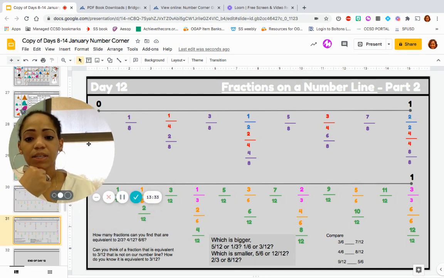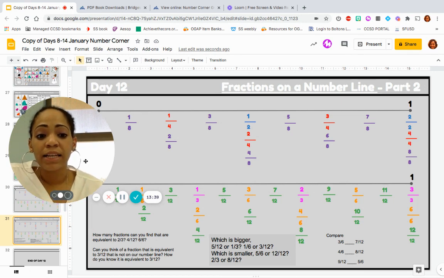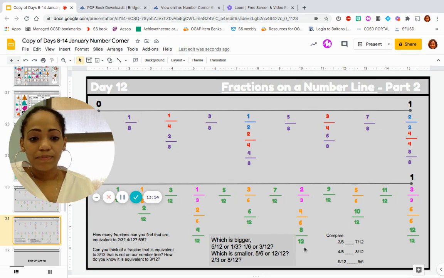Okay, so how many fractions are equivalent to 2/3? Or can you find a fraction that's equivalent to 2/3 and tell me what it is? 4/6. Right, look, they go the same distance. And 8/12. How about 4/12? What's equivalent to 4/12?